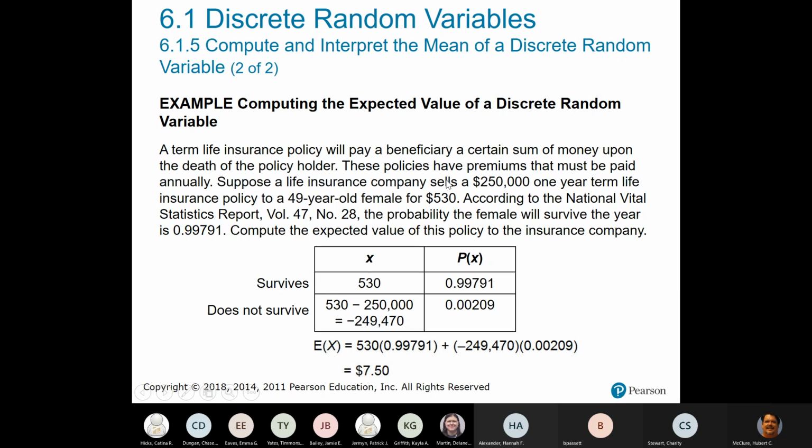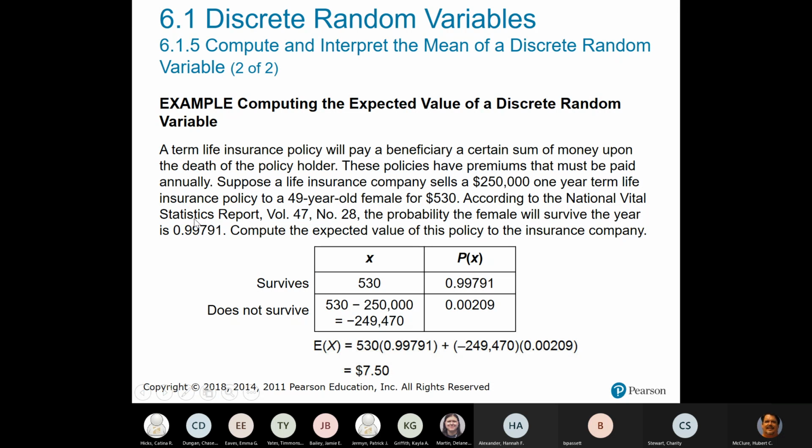Suppose a life insurance company sells a $250,000 one-term life insurance policy to a 49-year-old female for $530 a year. According to the national life tables, the probability the female will survive the year is 0.99791.